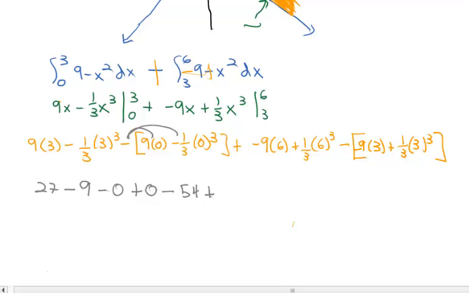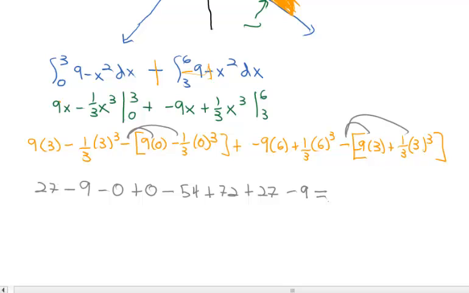Plus 6 cubed is 216. 216 divided by 3 is 72. Then we distribute the negative. Negative, negative makes it positive 27. Distribute the negative makes it negative 9. 3 cubed is 27 divided by 3. And then we just go to our calculator.